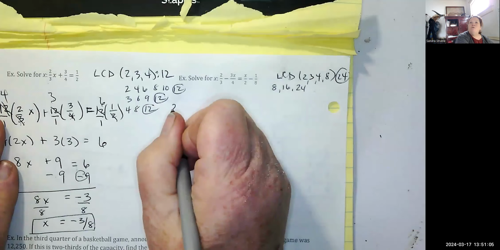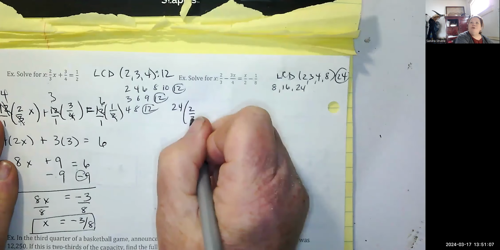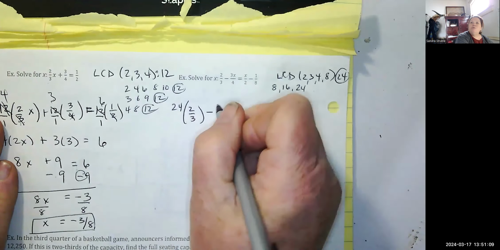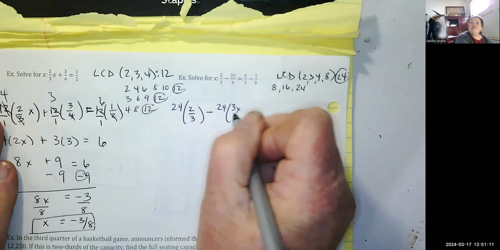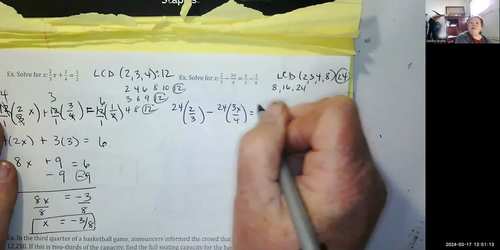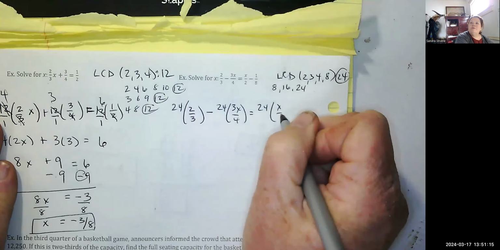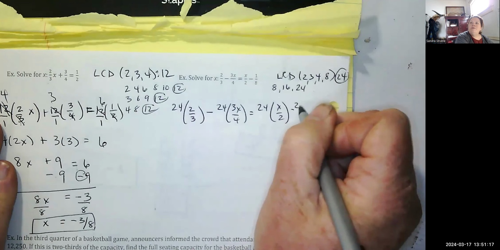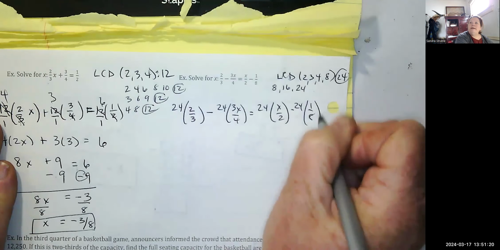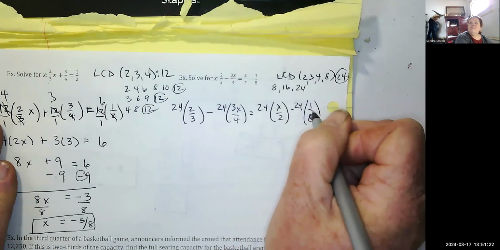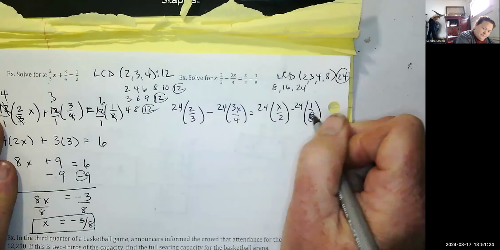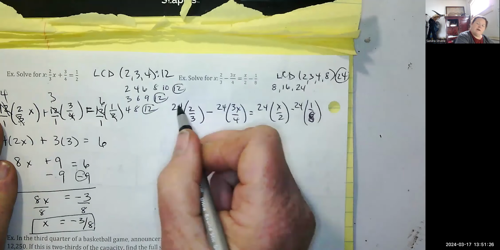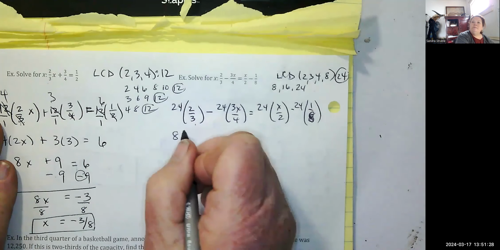So I'm going to take 24 times 2/3 minus 24 times 3x over 4 is equal to 24 times x over 2 minus 24 times 1 over 8. That is an 8. All right, 24 divided by 3 is 8.